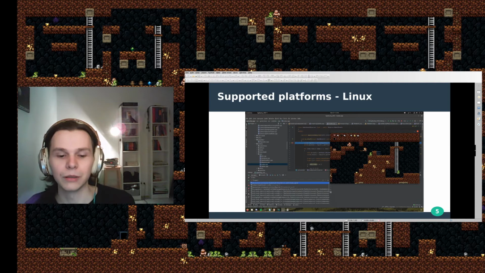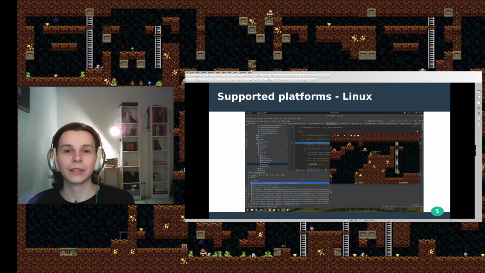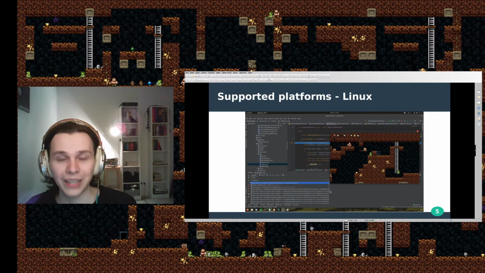For example, off by one errors or null pointer dereferences, and those can be reproduced everywhere. And Linux was actually so convenient that I rarely run Spelunky PSP on a real PSP, pretty much only upon each release when I had to actually test it, because most of the potential bugs were already detected on desktop, on Linux.